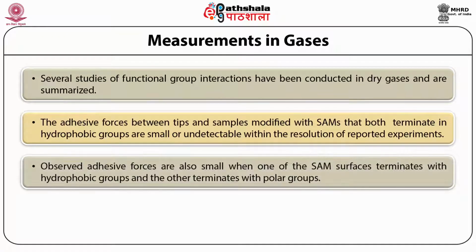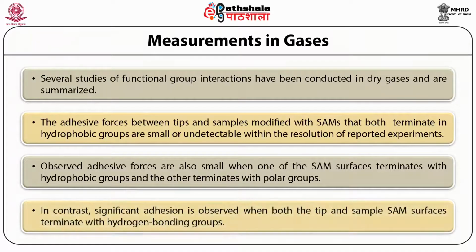Observed adhesive forces are also small when one of the SAM surfaces terminates in hydrophobic groups and the other terminates in polar groups. In contrast, significant adhesion is observed when both the tip and the sample SAM surfaces terminate with hydrogen bonding groups.